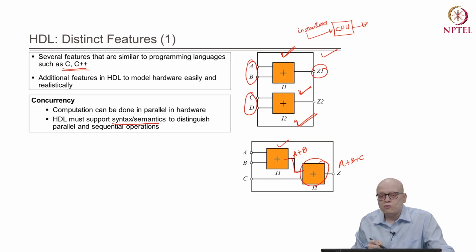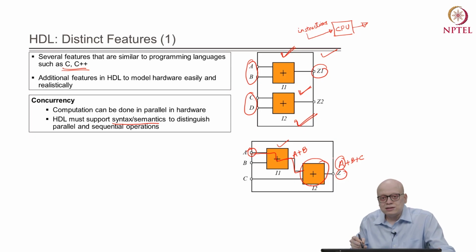So, for example, if A changes, then the change should first be reflected by the first adder, and once the first adder has updated its computation, only then can the second adder produce the result at the final output, so the correct, updated value of A plus B plus C will be captured at the output.